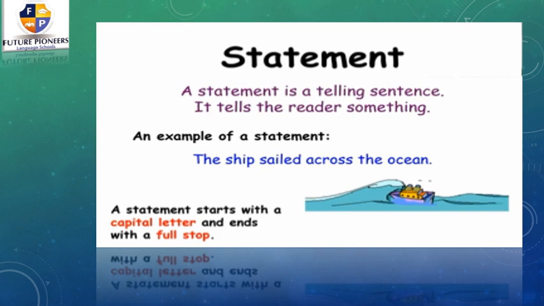And for sure, we have a subject, which is the ship, and we have a verb, which is sailed. So, this sentence is a statement. It gives us a complete thought and it tells us something.